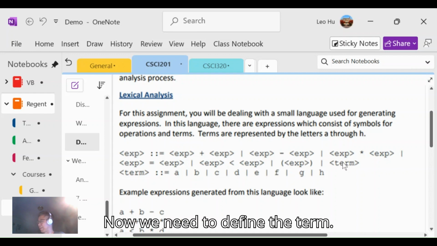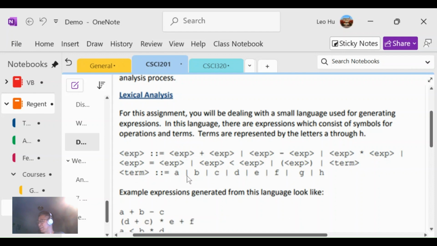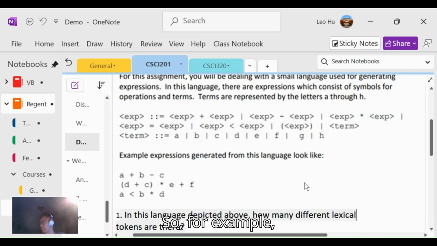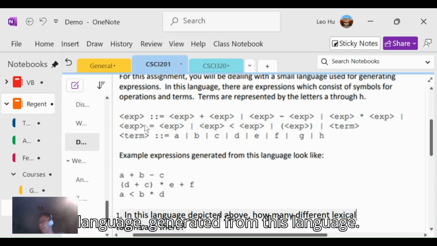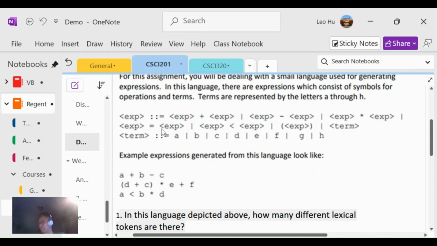Now we need to define the term. A term can be defined as A, B, C, D, E, F, G, or H. Okay. So for example, here A plus B minus C should be a legal expression generated from this language.